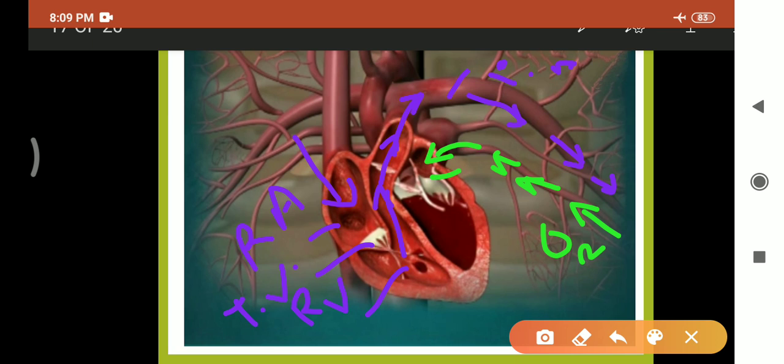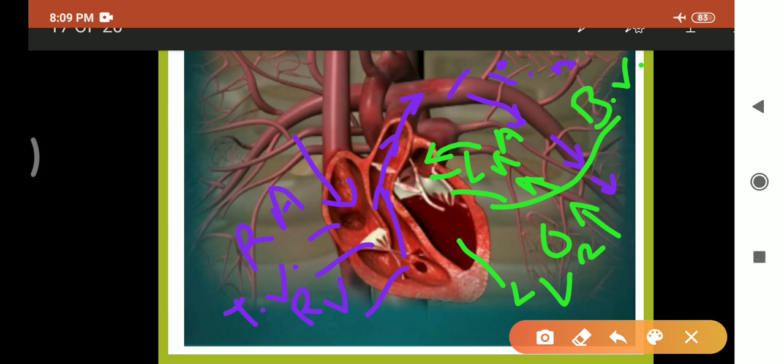First it comes into the left atrium, then the left atrium expands, and here the valve is present. The name of this valve is the bicuspid valve. Okay, so the bicuspid valve opens, and blood enters into the left ventricle.